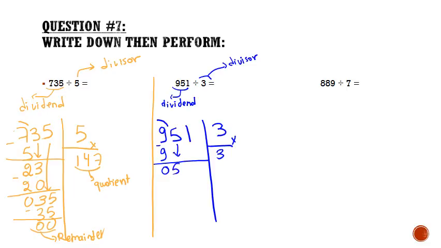Yes. Now what do I ask myself? What is the number you multiplied by 3 to get 5? Do you have a number? No, so it's 1. Yes. 1 times the 3, 3, and we subtract them. What do we get? 2. What do we place? The 1.